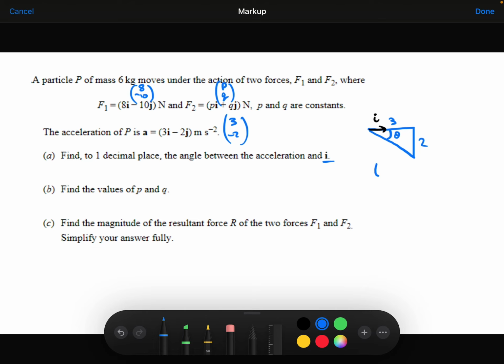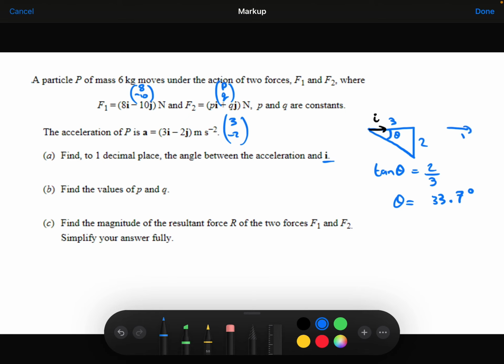So we could say that tan inverse is equal to the opposite, 2, divided by the adjacent, 3. Tan inverse of 2 over 3 is 33.7 degrees. But I do need to symbolise that this angle is below the i unit vector.